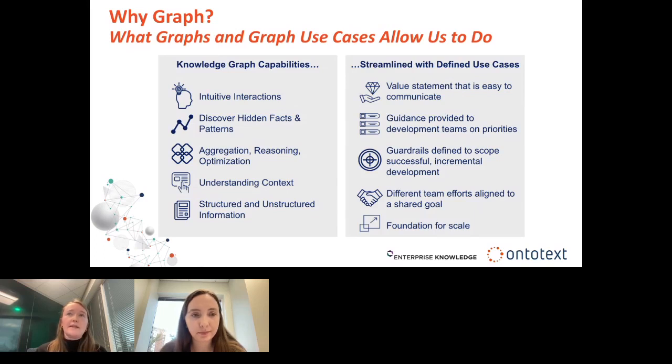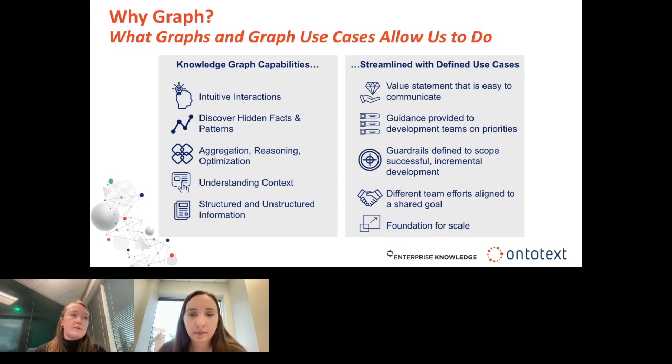What I'd like to emphasize is not only what graph can bring in terms of its capabilities, but as we go through the rest of our presentation, we're going to be talking about two specific projects and two specific use cases that we worked on. So why is it important to have a defined, concrete, specific use case that can create that framework for you as you scale and productionalize graph at your organization?